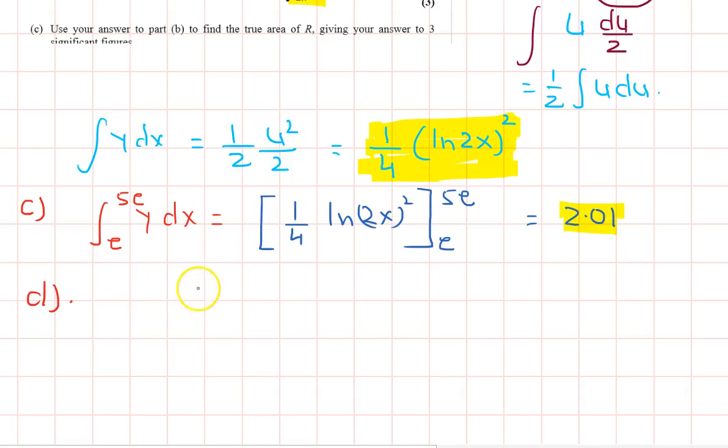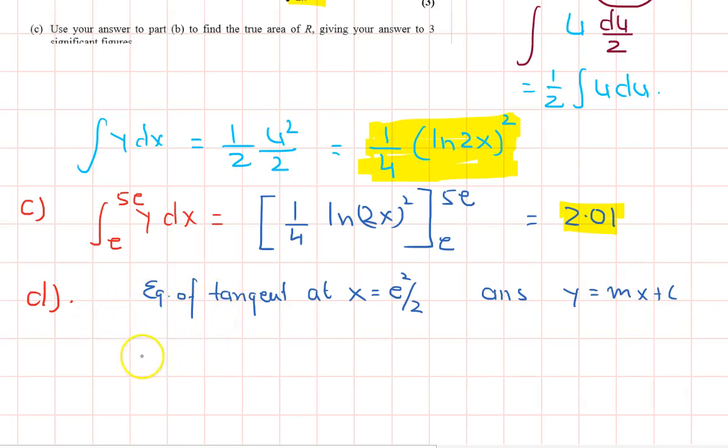Part D. Using calculus, find an equation for the tangent to the curve at the point where x is equal to e squared over 2, and give your answer in the form y is equal to mx plus c.